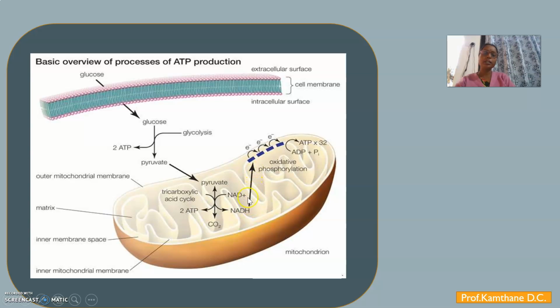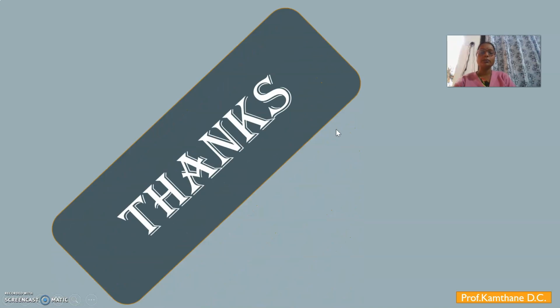The electrons which are released pass through oxidative phosphorylation, the electron transport chain, and ADP plus inorganic phosphate forms adenosine triphosphate, ATP. The first reaction is glycolysis, the second is the TCA cycle, and the next is the oxidative phosphorylation process. These three processes form ATP. Thanks for watching.